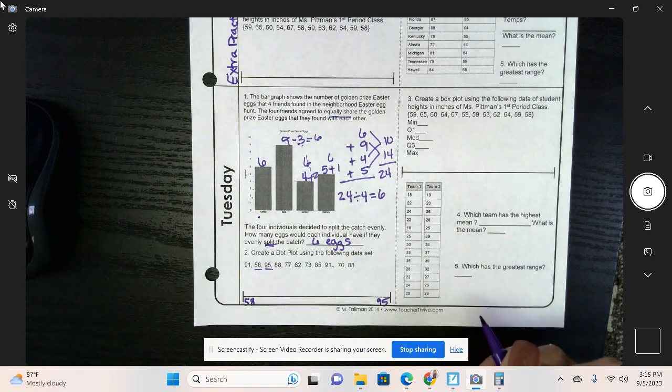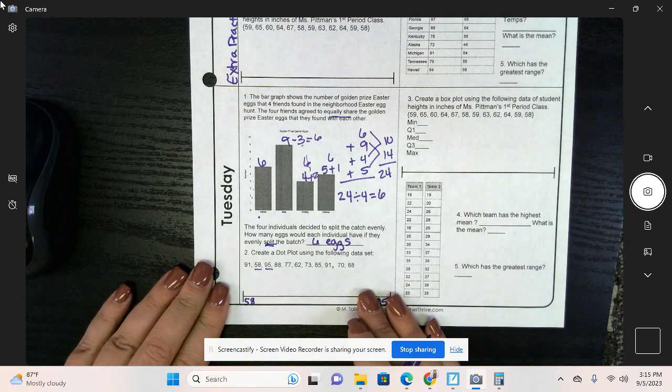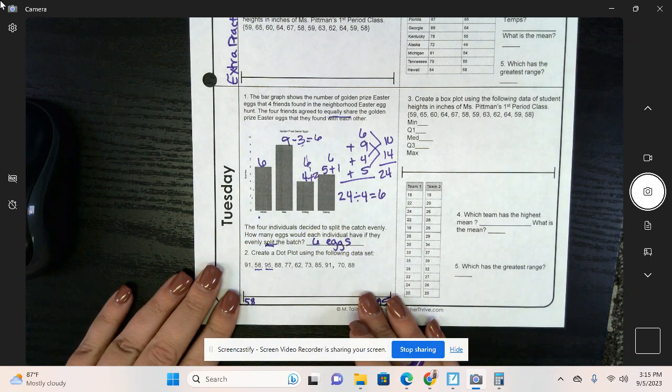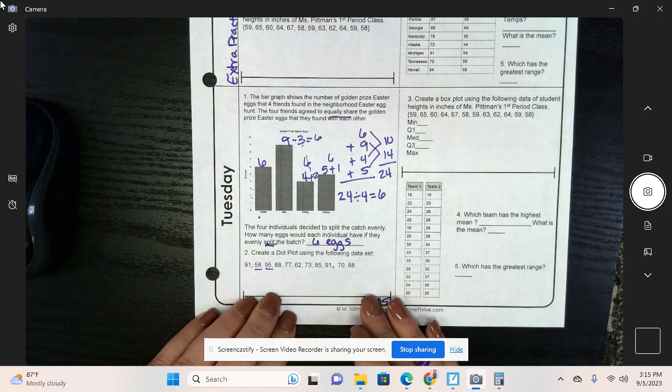Now, there's a lot of numbers between 58 and 95, and we don't really have enough room here. So what I'm going to do is take each number that we have, and I'm going to just put that number on the number line.